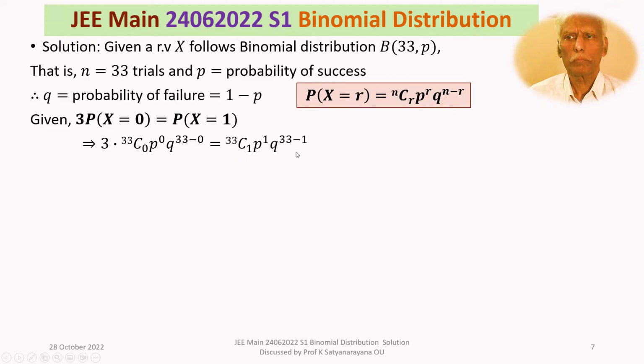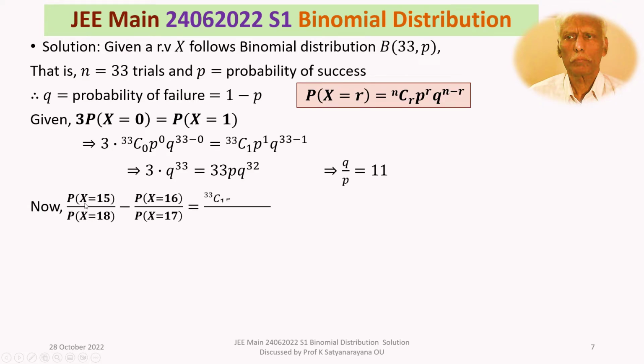This will imply 3 into Q to the power 33 is equal to 33C1, which is 33, into P into Q to the power 32. The cancellation takes place: 3 ones are 3, 3 elevens are 33, and Q power 33 by Q power 32 is Q. So Q by P is 11.